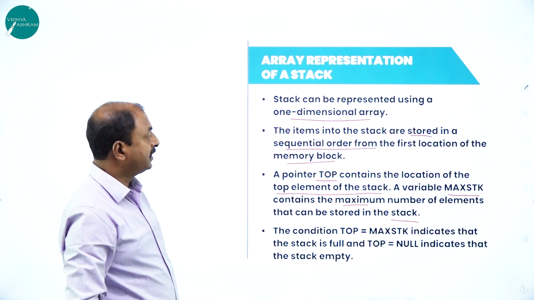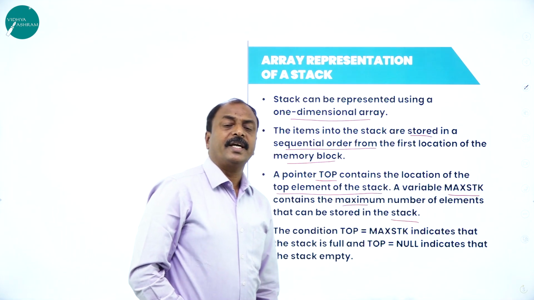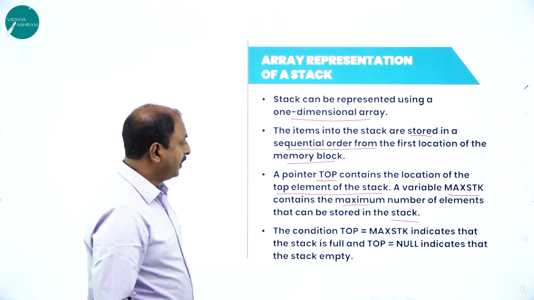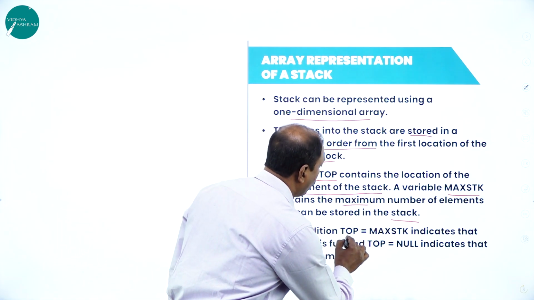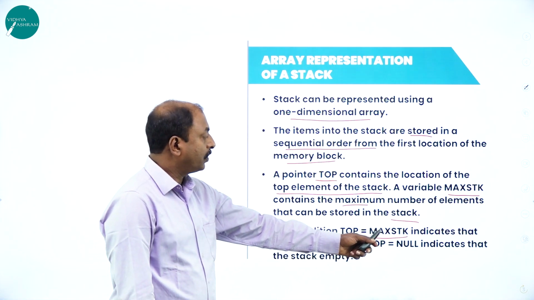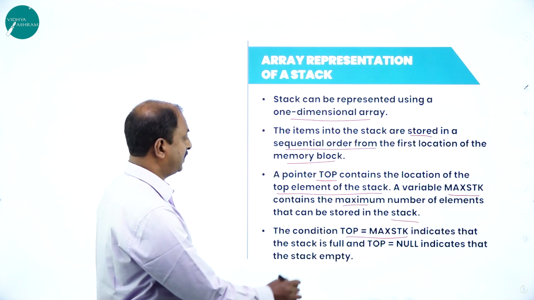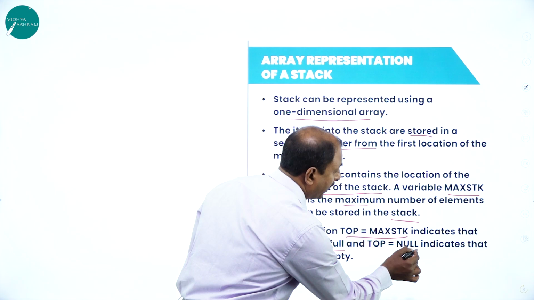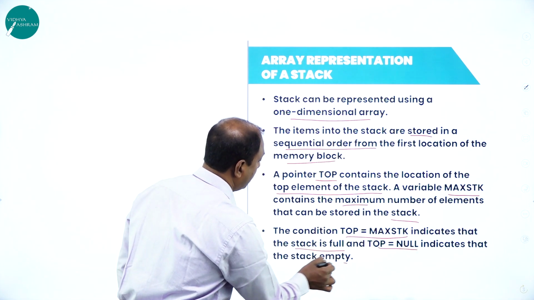In other words, it indicates the size of the stack. The condition top equals max stack means the top is equal to the last, maximum element. It indicates that the stack is full, and top equal to null indicates the stack is empty.